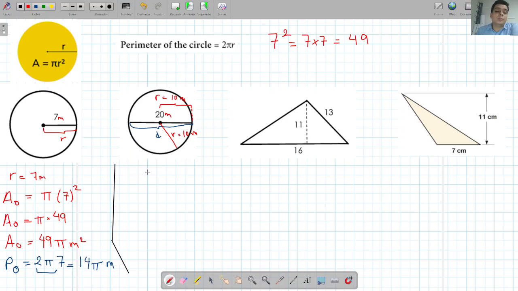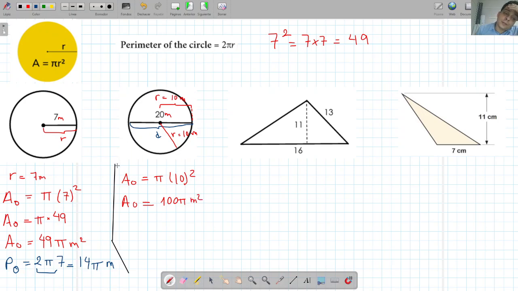Now let's try to use the formula. The area of a circle, pi times the radius squared, right? But the radius is 10, so we got 10 squared. Now 10 squared is just 100 pi, so please try to keep the number at the beginning, and because we are talking about area, this must be in meters squared.